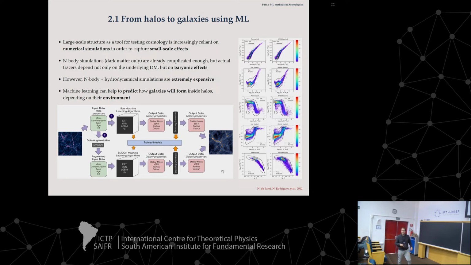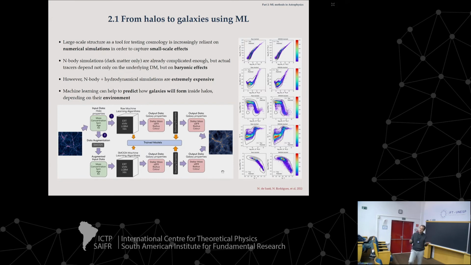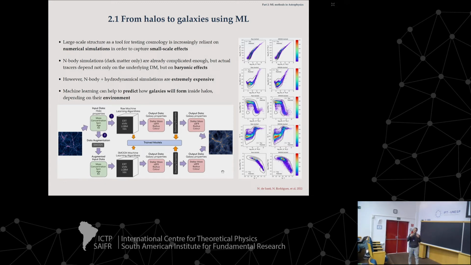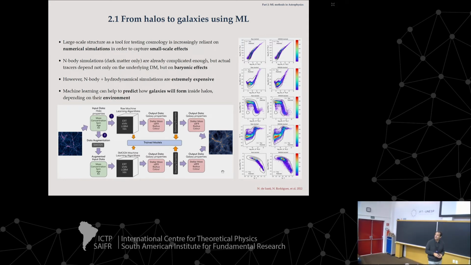So this is actually connected with the question to Thaisa earlier on. We have these simulations where you have dark matter and baryon physics, and you have galaxies emerging out of those simulations. It turns out that to a very good extent, you can just use the dark matter information to predict the properties of the galaxies that will form in a given dark matter halo.